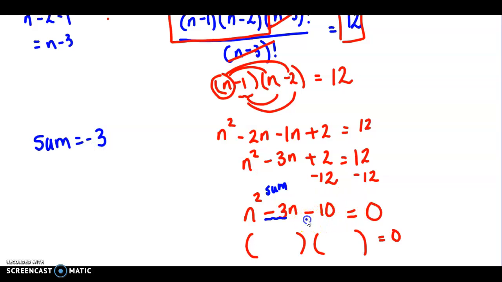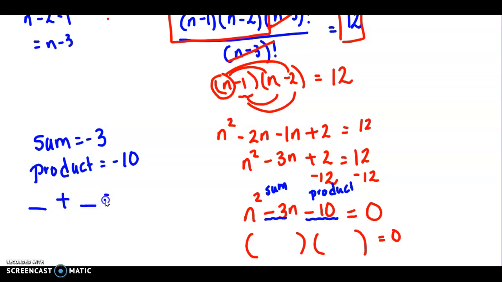And we need a product of that constant term at the end, so we need a product of negative 10. So the question is, what two numbers, when I add them, give me negative 3, and using the same two numbers, when I multiply them, give me negative 10.